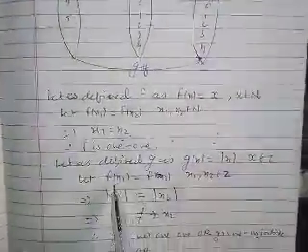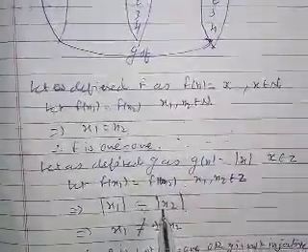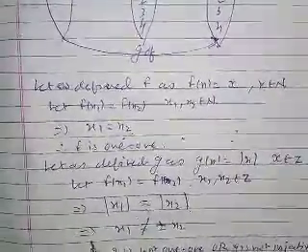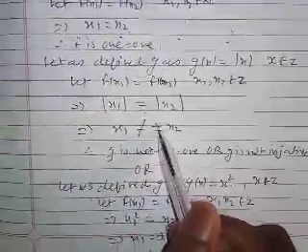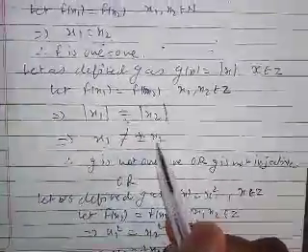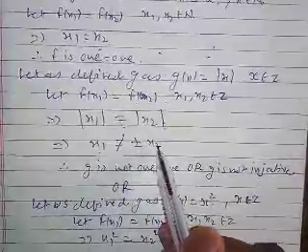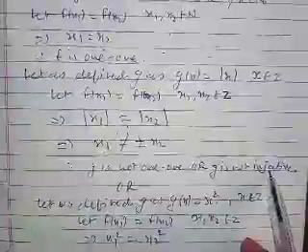So if you take g of x as mod of x, it will become mod of x1 is equal to mod of x2. Implies x1 will be equal to plus minus x2. So it shows that x1 will not necessarily be equal to x2. So g is not a 1-1 function, is it?